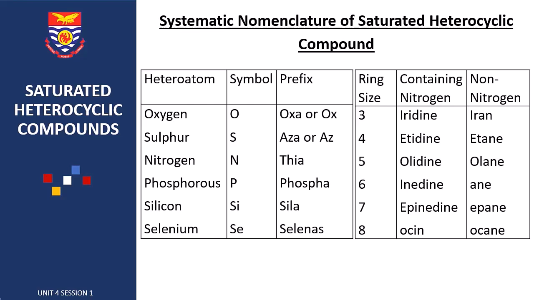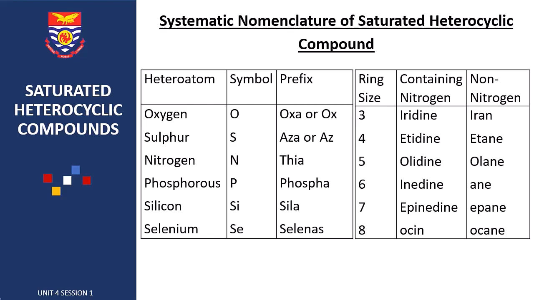If it's sulfur, we give it thia or thi. Nitrogen, we give it aza, phosphorus, phospha, silicon, sila, and if it's selenium, we give it the prefix selena.